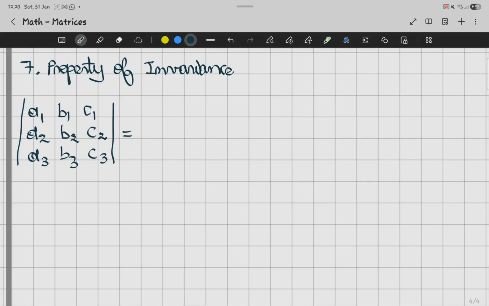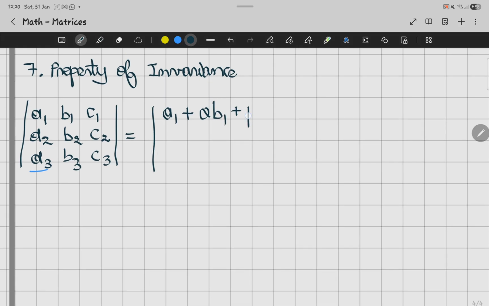Okay, now we're going to see the property of invariance. In this case, we're just going to show you how you can represent what you see on the first row. So we have something like this: A1 plus alpha B1 plus beta C1. That's what we're going to get there.